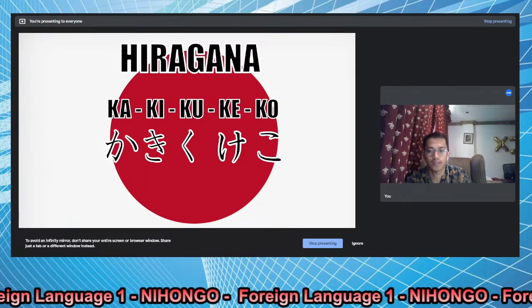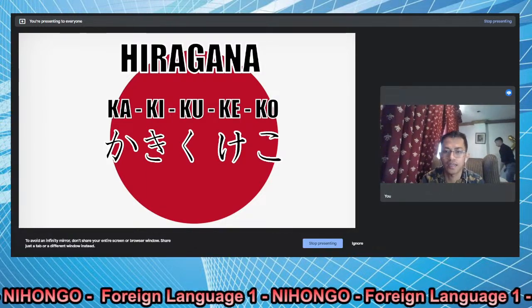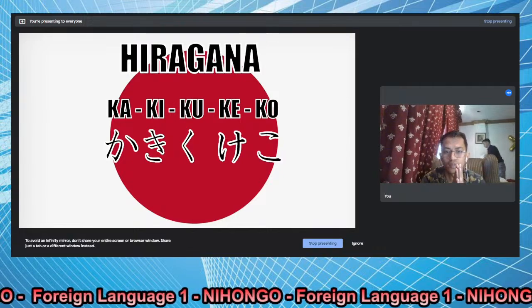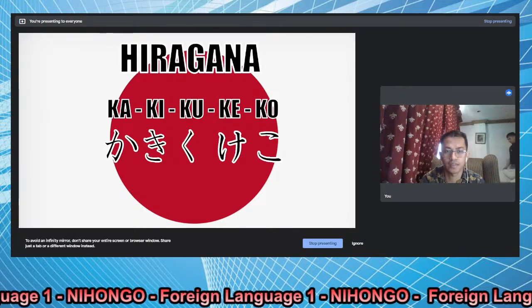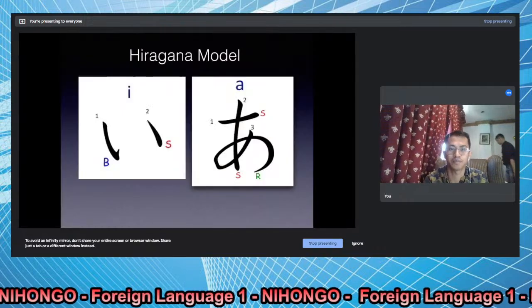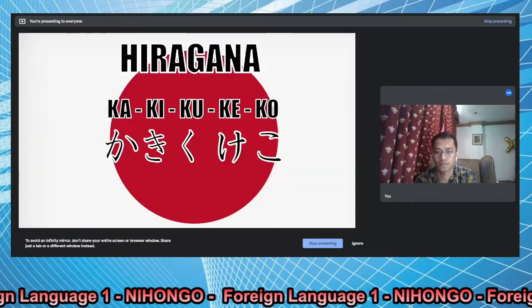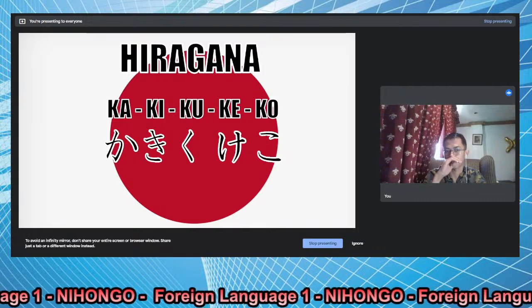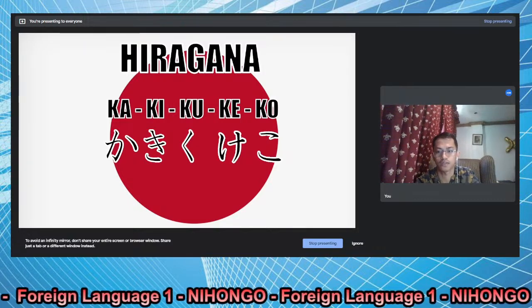Okay. So next set is the one from the K group. As always, each letter will be presented. Consonant K group. Ka, ki, ku, ke, ko.